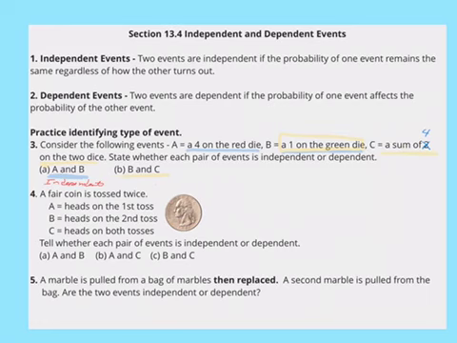In order to get a sum of 4, I'm going to be limited. I'm going to need to roll a 3 in order to make that happen. So because event B is going to have an impact on event C, these two events would be classified as dependent.